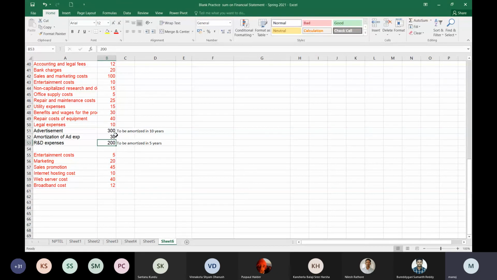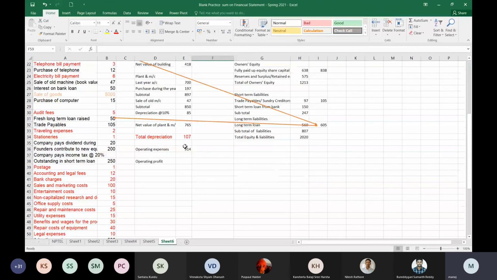So this is this year's amortization. Similarly, you write amortization of R&D expenses is equal to this divided by 5 because we are amortizing in 5 years. So this guy becomes red, so is this guy. Function F4.